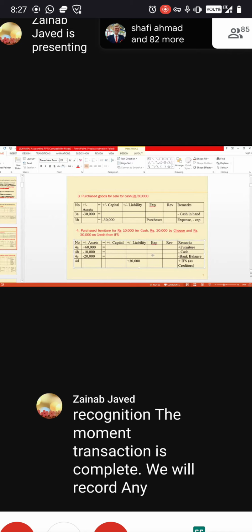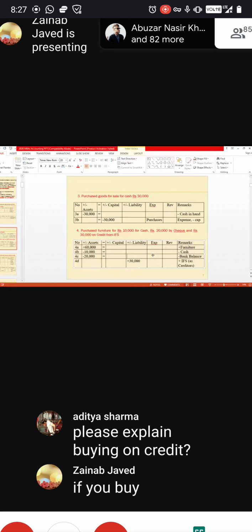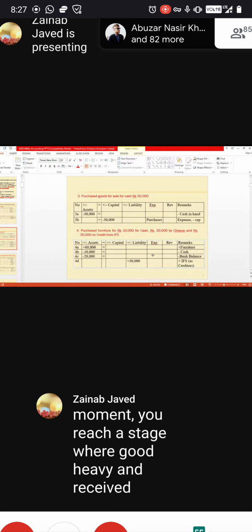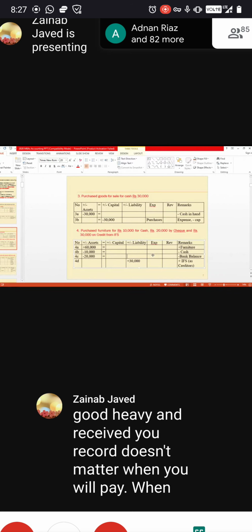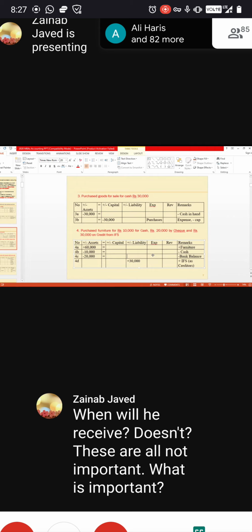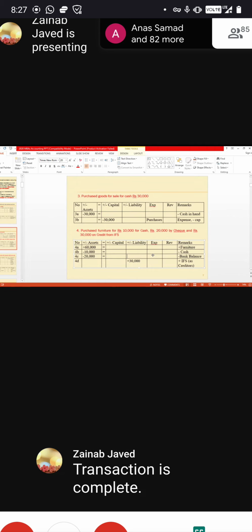Any other question? Sir, can you please explain buying on credit? If you buy on credit, the moment you reach a stage where goods have been received, you record. Doesn't matter when you will pay or when he will receive; these are not important. What is important? The transaction is complete. The moment a transaction is complete, it will be recorded in the books of account.